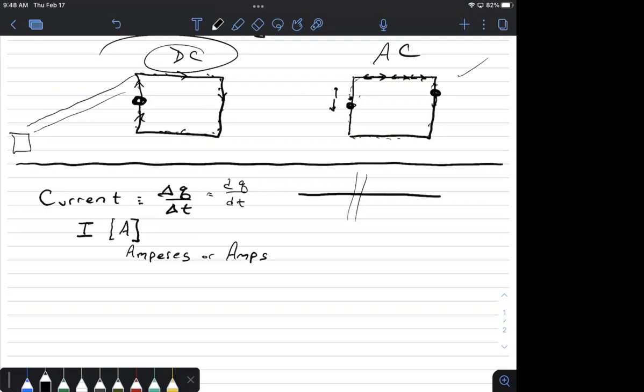Okay. So now, this is a very big point of frustration, at least for me and for a lot of people. For some reason, the word current has the variable capital I as its symbol, which of course already doesn't make sense.